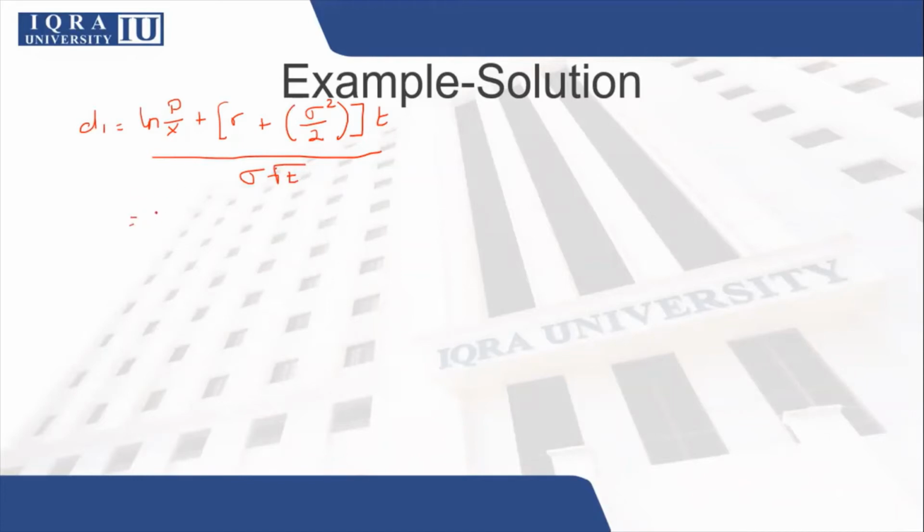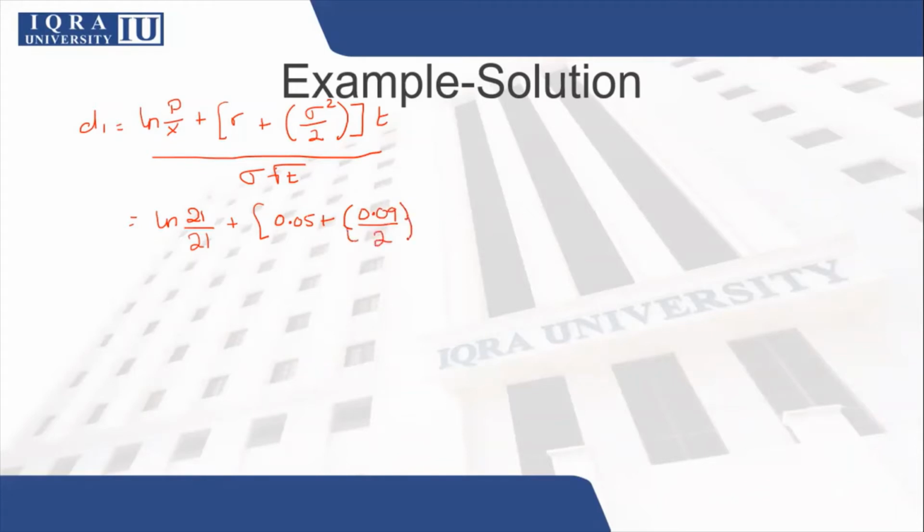So ln, what was the price? The price was 21. You can go back and see the data. And the exercise price was also 21. So we have this over here, plus the risk-free rate, which was 0.05, plus the variance, which was 0.09, divided by 2.